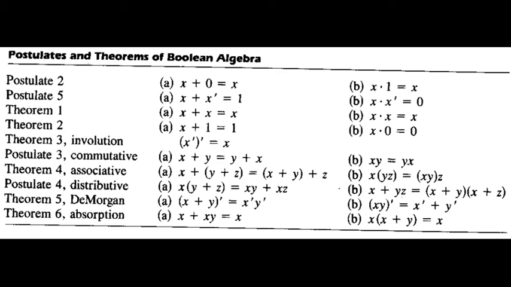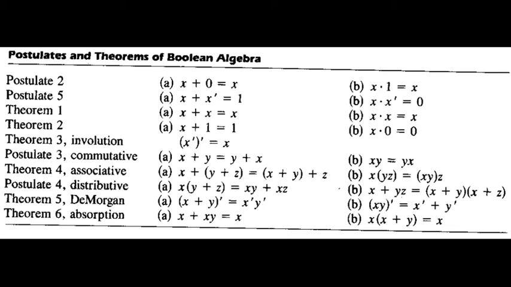And the next one is also important, De Morgan's theorem. Theorem 5. In part A, (x plus y) dash is equal to x dash dot y dash. What it states is, if we have two or more variables, even in this case for two variables, first performing the ORing operation and then complementing is equivalent to first complementing every variable and then performing ANDing.